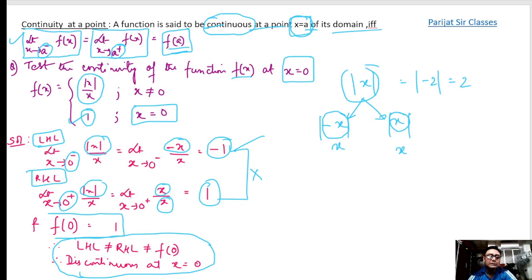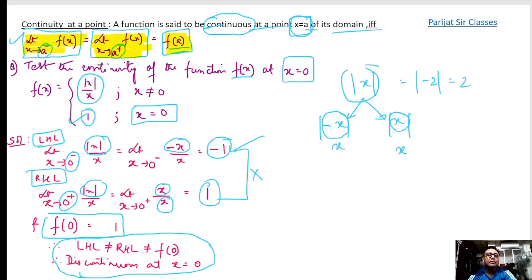As I already told you, the condition for the continuity of a function is that the left hand limit should be equal to the right hand limit, and should be equal to the value at that particular point.